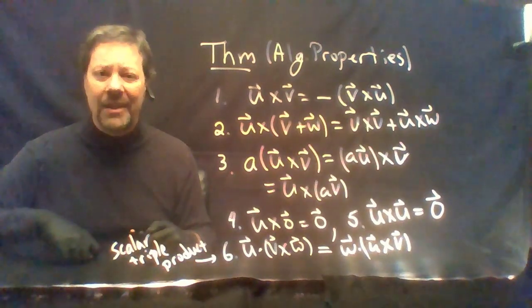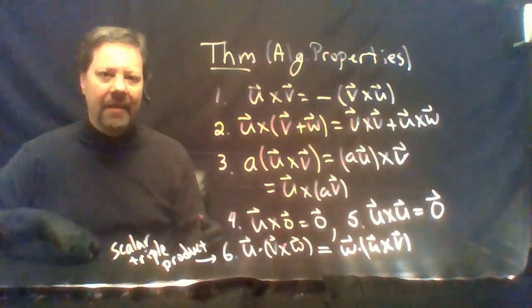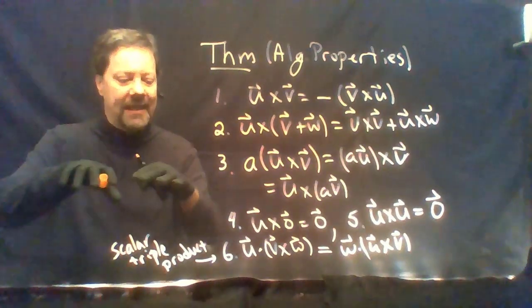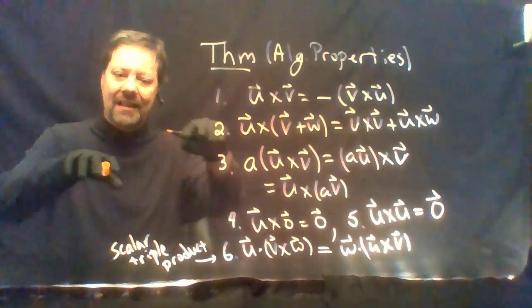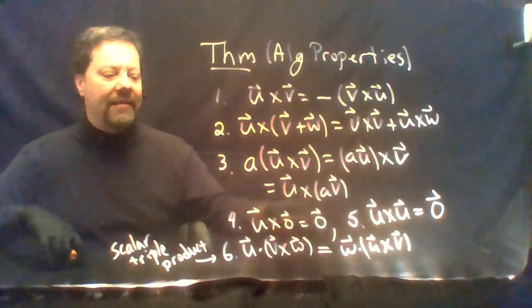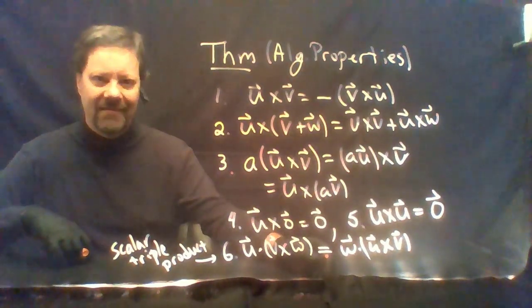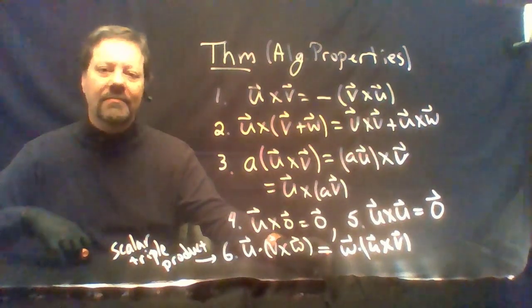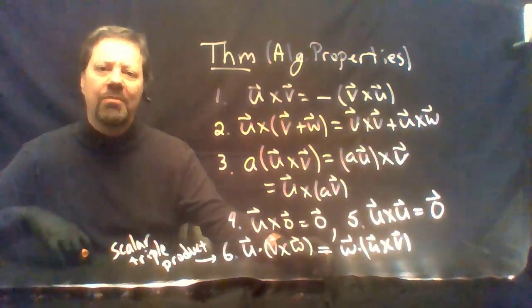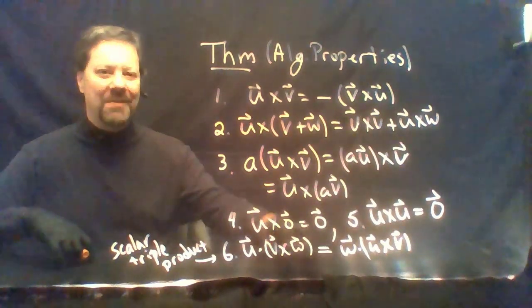It is a permutation of them. But that's not a cyclic permutation. The cyclic permutation bumps them down, and then when they get to the end, they cycle back to the front. We say that the scalar triple product is invariant, you get equality, under cyclic permutations of the factors. Do you see what I mean now?